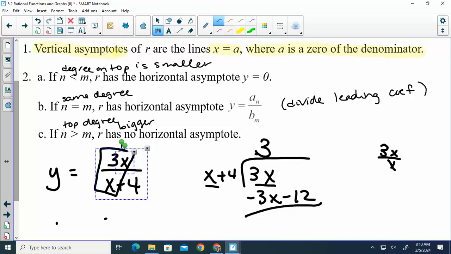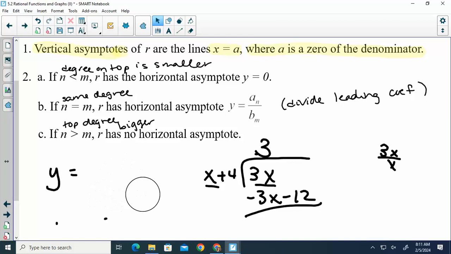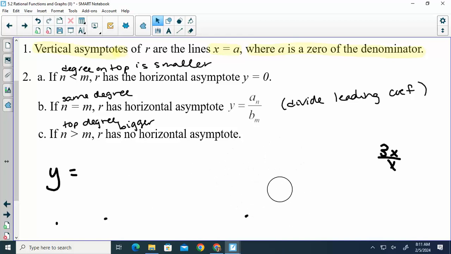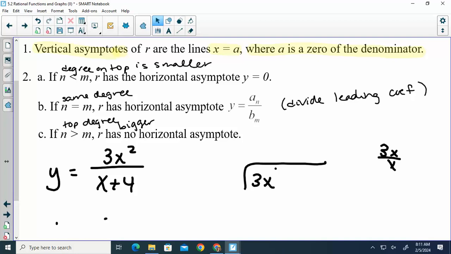The third one says that if the top degree is bigger, then we don't have a horizontal at all. If I said, let's say, 3x squared divided by x plus 4, and you try to divide that.